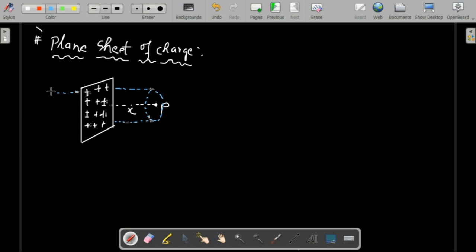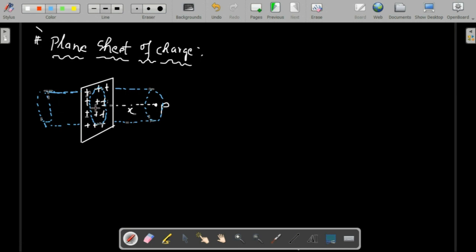Imagine this is a two-dimensional diagram, and I'm drawing a three-dimensional cylinder across it. This is the area being covered.